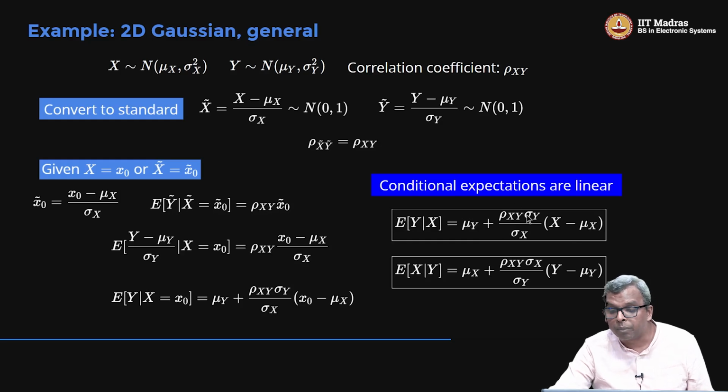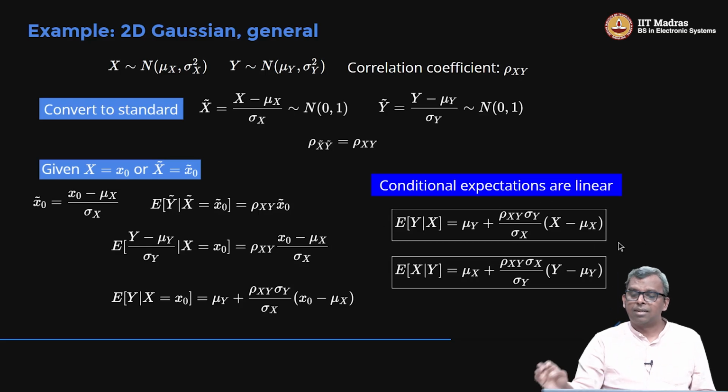Rho xy sigma y squared. So the other constant terms won't show up in the variance. Only the thing multiplying x is important. The variance is rho xy squared, sigma y squared by sigma x squared. Okay. So this is something to remember for expected value of y given x. Sometimes it's useful later on in computations.